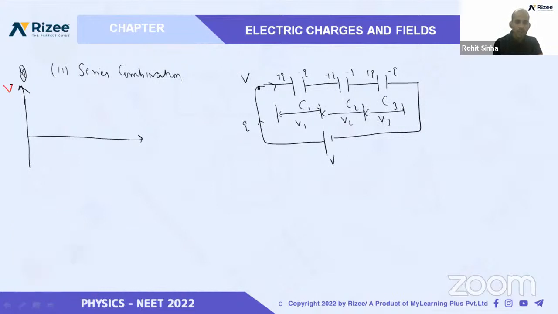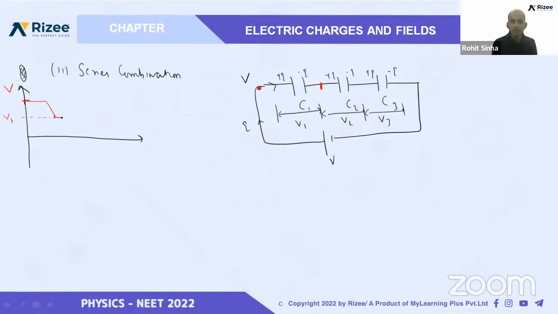We are drawing here a potential graph. Originally, it is V. After passing through the first capacitor C1, V drops to V1.